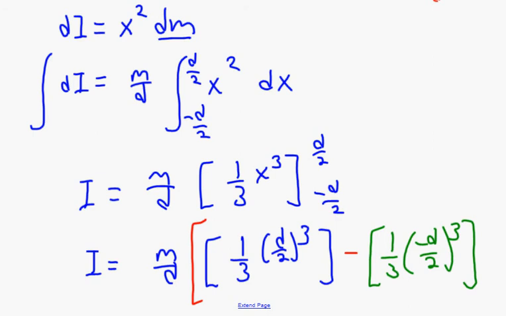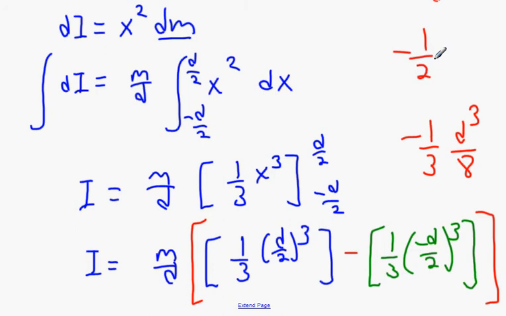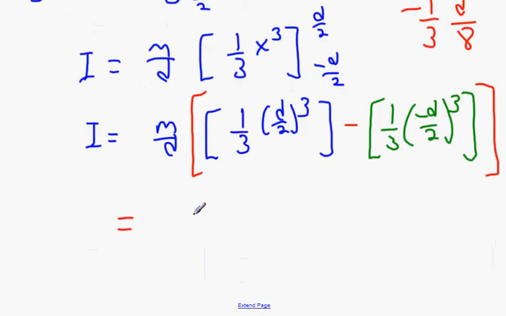What in effect that's doing is, because it's cubed, the whole thing is going to be minus a third d cubed over 8. It's going to be minus 1 over 24 d cubed, or minus d cubed over 24. Both of them are minus d cubed over 24. So it's going to be d cubed over 24 plus d cubed over 24.